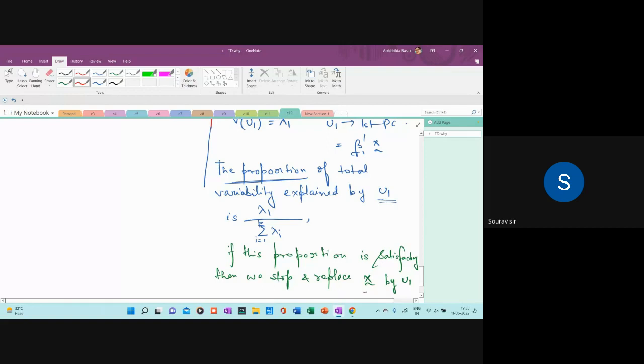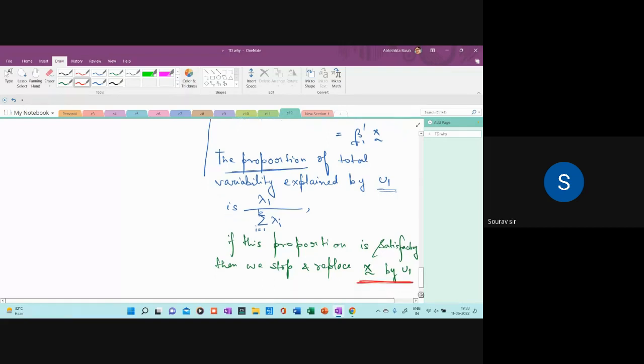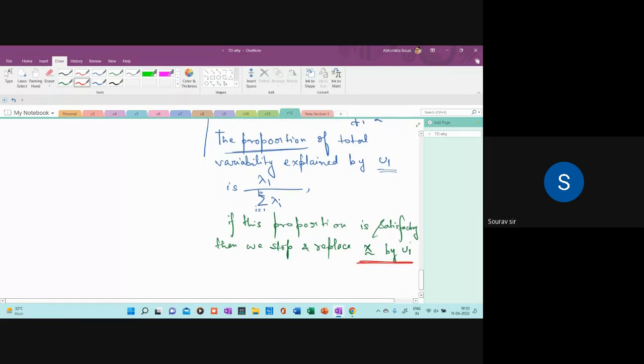We replace X curl by u1. That means the whole data set is replaced by a single component because this proportion is satisfactory. I am just quoting this word satisfactory, because what do you mean by satisfactory? Suppose this proportion is 0.9, that means 90% of the variability is explained by one component itself. So I don't feel like taking other components, and I can stop over here.